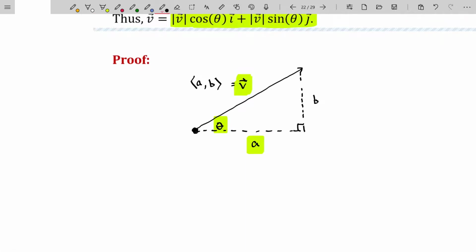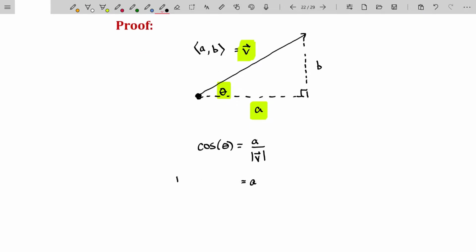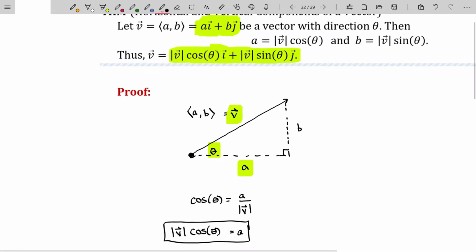So cosine of theta would equal A over the magnitude of the vector v. That is, A is equal to the magnitude of the vector v times the cosine of theta. And that is actually the proof for the horizontal component.